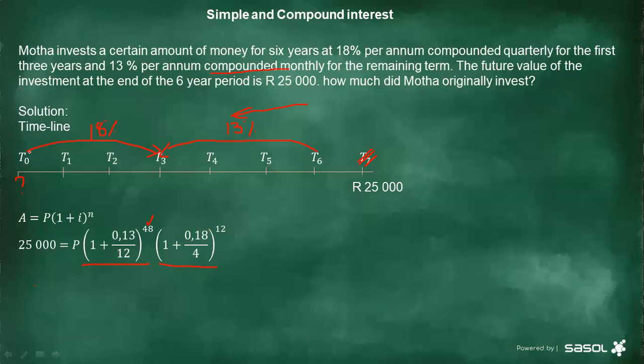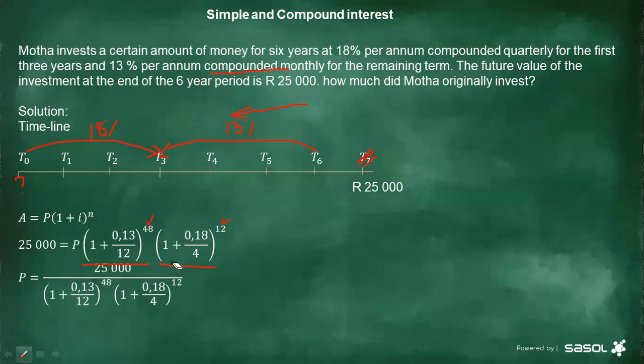It's 3 years, so 3 times 4 gives us 12. Now, I think everything is fine. Since we are in need of P, we are going to divide both sides by these 2 brackets, and let's do that exactly.